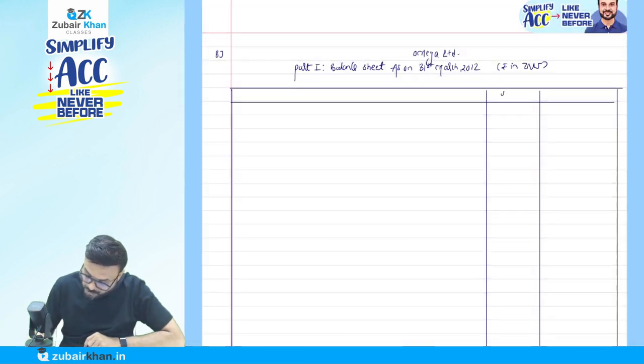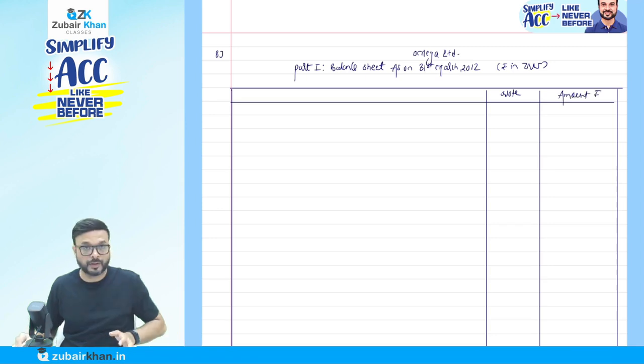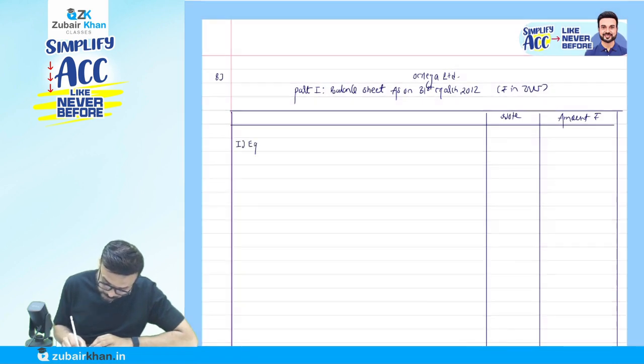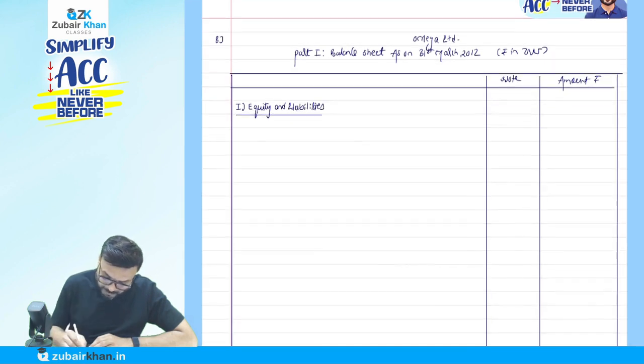Okay, write note and amount. Now write down there equity and liabilities. Shareholders' funds. Share capital. Reserve and surplus.